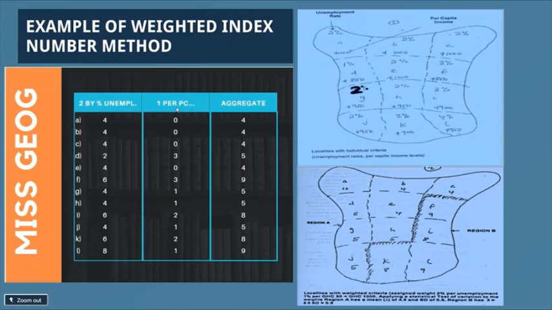So for territory A, its per capita income is 1,000. So we are not going to write 1 because it's not less than 1,000. We will only write 1 if it is less than 1,000 by 50. The same can be said of territory B, territory C. When it comes to territory D, its per capita income is 850, and that is less than 1,000 by 150.